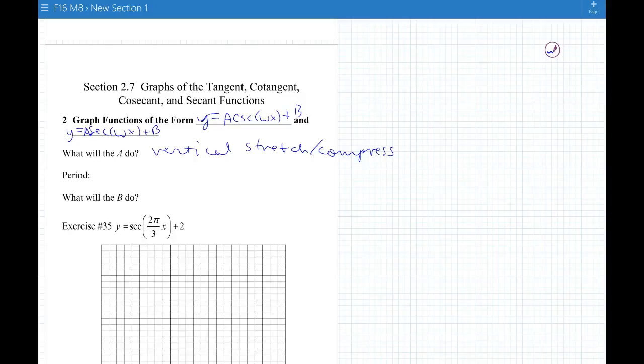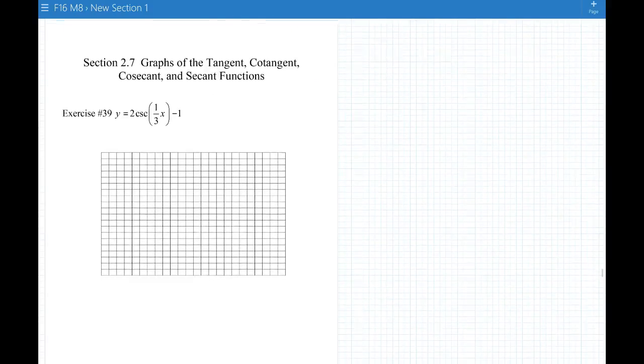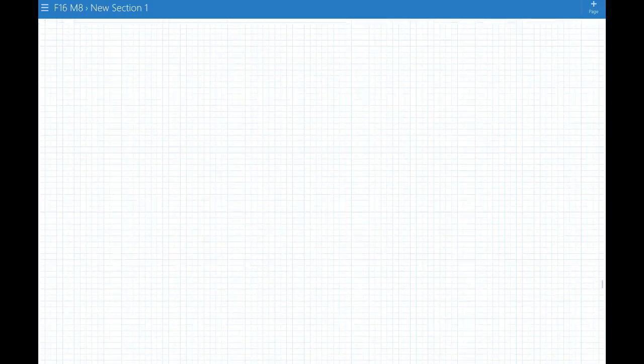The period is going to be the same as the period of the sine and cosine graphs. So you'll have T again is 2 pi over omega, and the omega will do the horizontal stretch and compress, and the B will do a vertical shift up or down. And we'll draw some of these graphs together, and that's the end of this section.